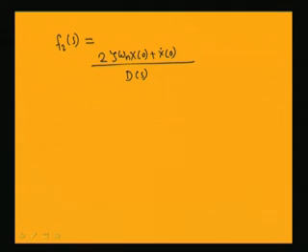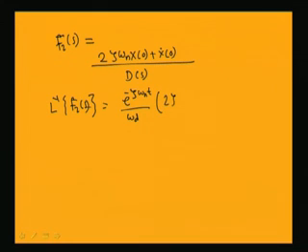So the inverse Laplace of F2(s) will be e to the power minus zeta omega n t by omega d into (2 zeta omega n x 0 plus x dot 0) into sin omega d t. So you got the inverse Laplace of the second term.